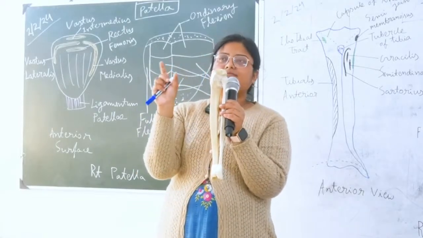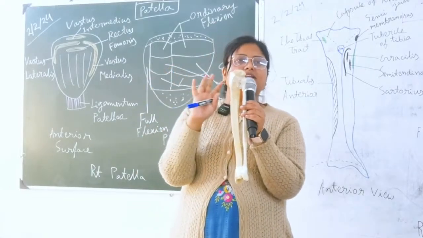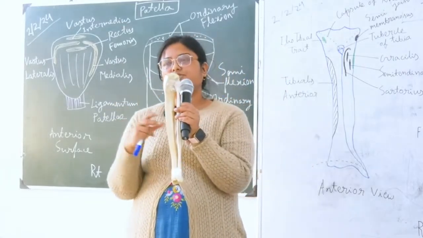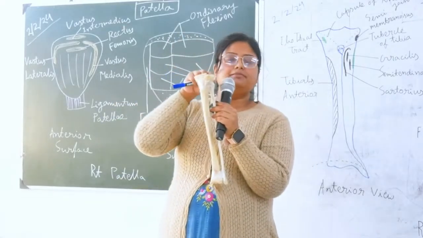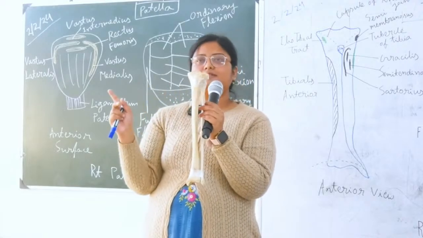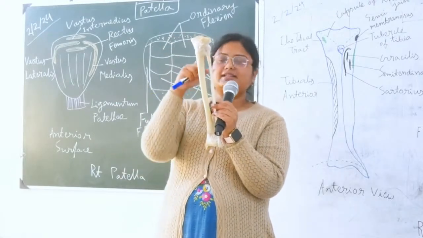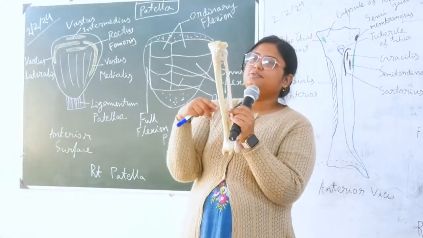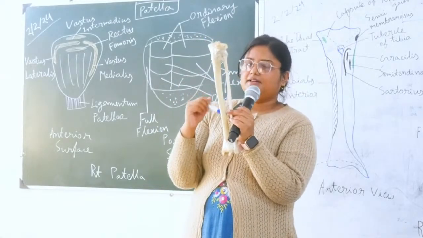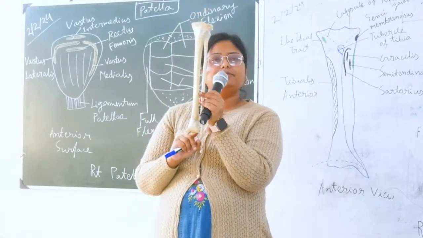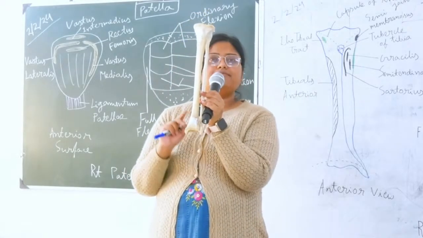Two flat surfaces articulate with each other, forming a synovial joint. So three tibiofibular joints are present. The superior tibiofibular joint is a plane synovial joint. The intermediate tibiofibular joint is formed by the interosseous membrane connecting the two bones, tibia and fibula, and that is a fibrous joint. And the inferior tibiofibular joint is also a fibrous joint.